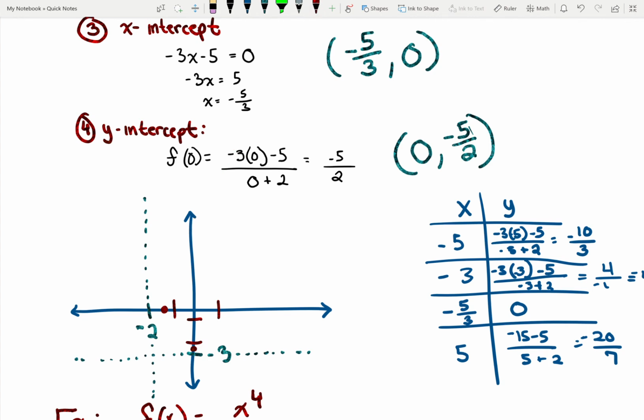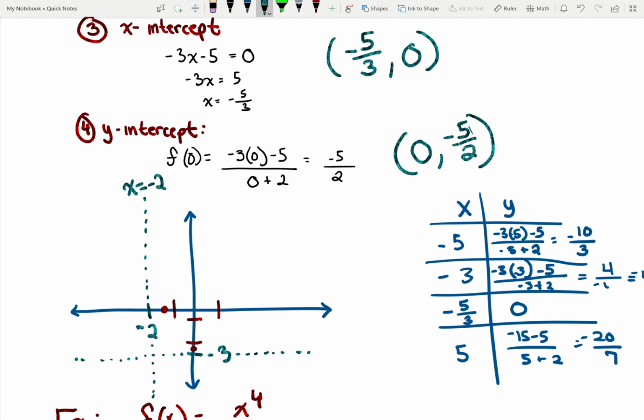All right, so again, my vertical asymptote here is at x equals -2. Now I want to plug in points into my function that are around -2. So what I'm going to do is pick -3, and they already gave us one of them, which is -5/3.